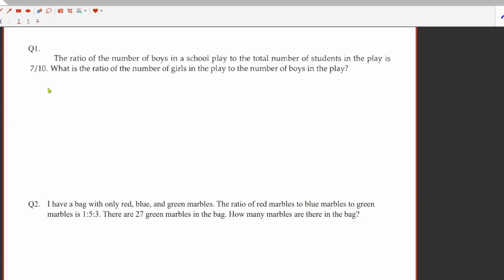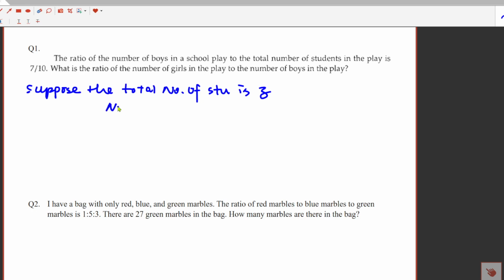Let's suppose the total number of students is Z, and of these, the number of boys is X. Then according to the given information we have X over Z equals 7 over 10, right?